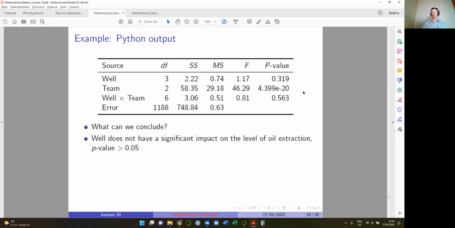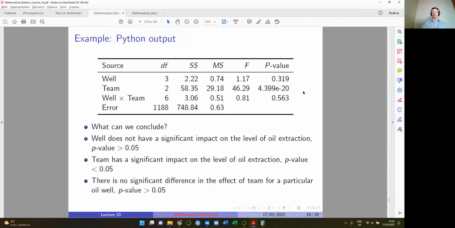So what can we conclude about team? Team has a significant impact on the level of oil extraction. Now we can go back to that table and look at the results and conclude that, yes, different teams can lead to different productivity of wells.